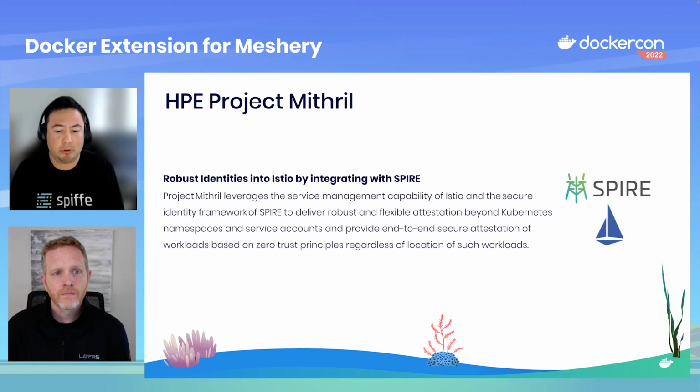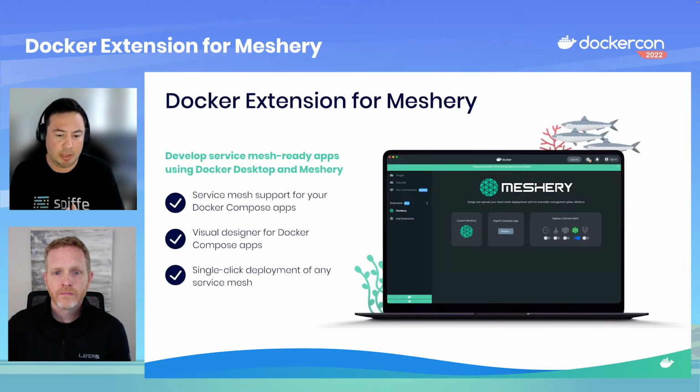Well, as we work on this integration, we need to ensure that the ongoing functional integration is solid. And as new Istio and SPIRE versions are released, we need to make sure that there's no performance degradation, for example.